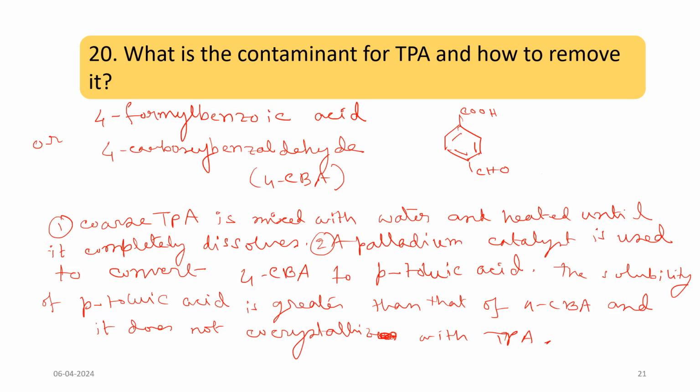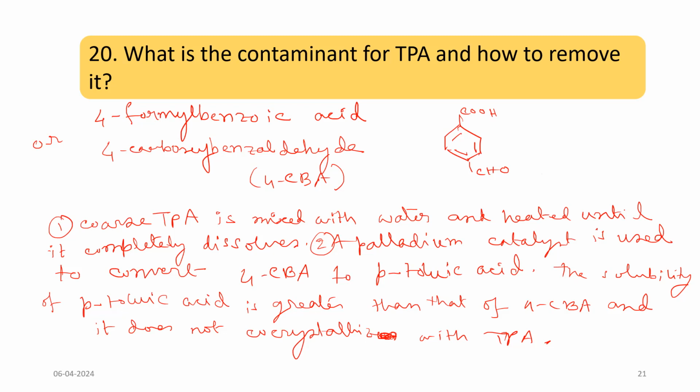Both the TPA and the contaminant crystallize in the oxidation reactor itself. So crude TPA is mixed with water and heated until it completely dissolves, and then a palladium catalyst converts the contaminant to p-toluic acid.